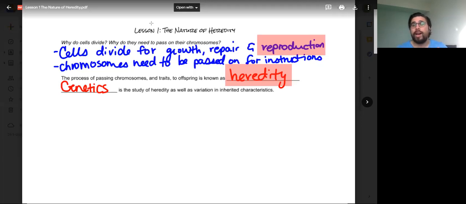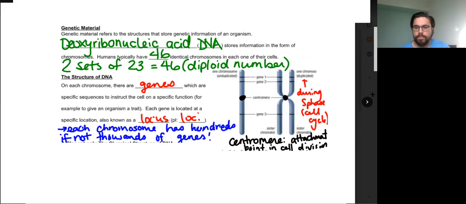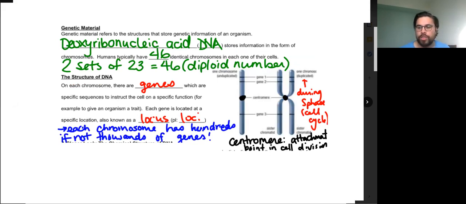So we kind of talked about it last unit with regards to your mitochondrial DNA, right? That mitochondrial DNA gets inherited from your mother. So even the mitochondria within your cells are an inherited trait that you get passed on from your mother.